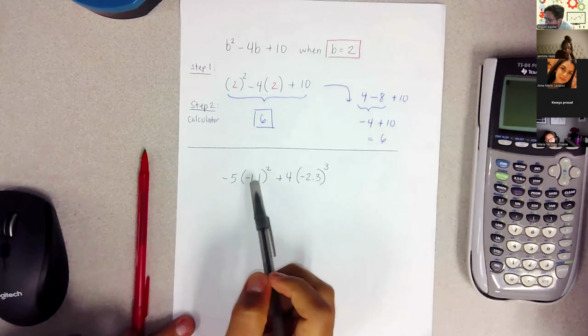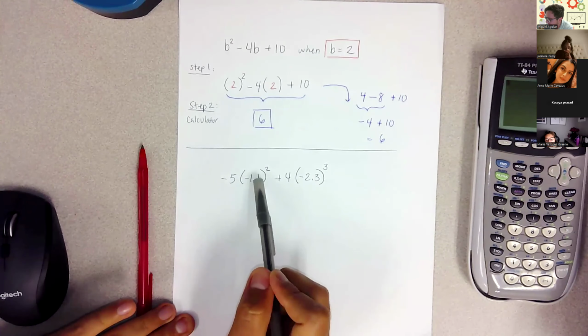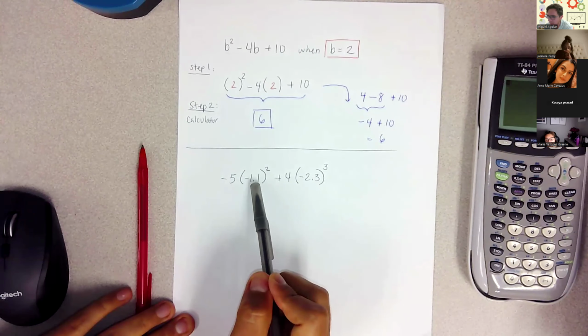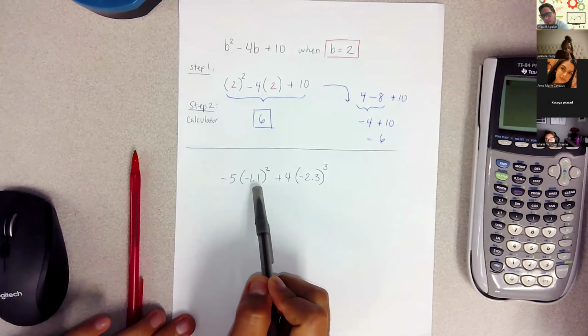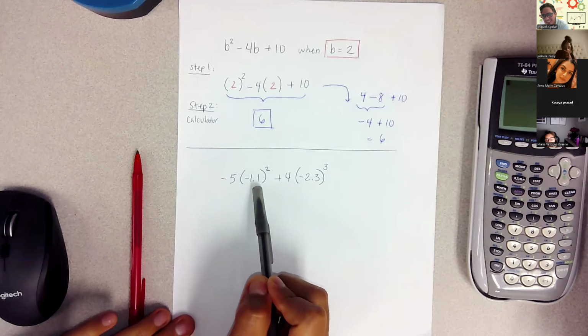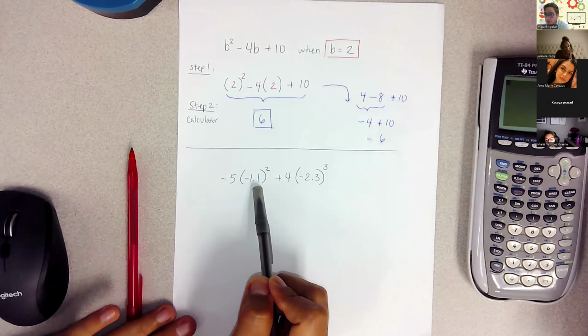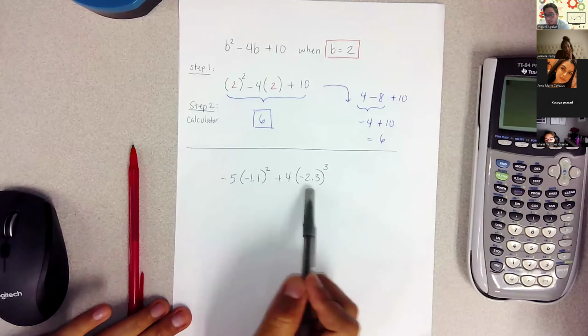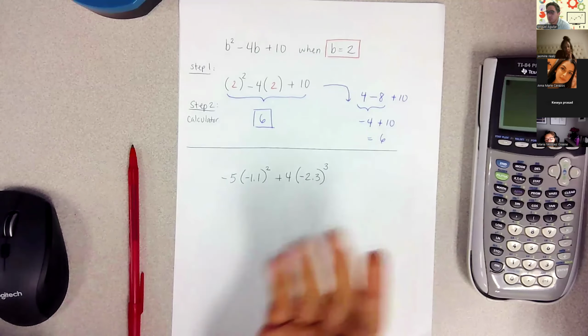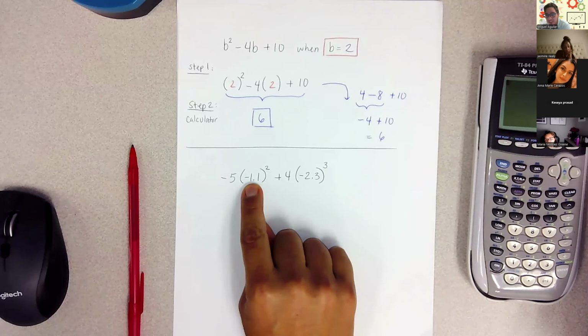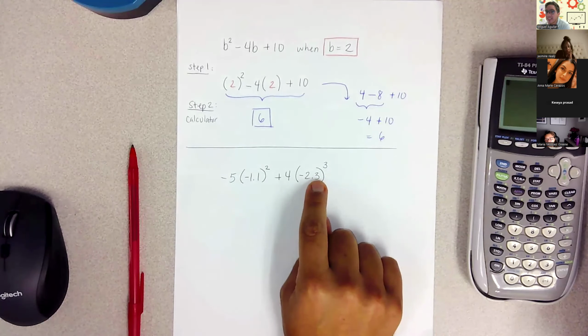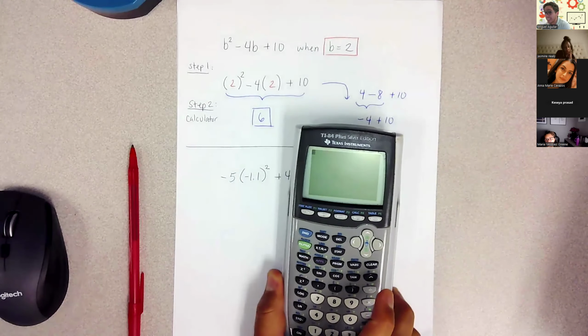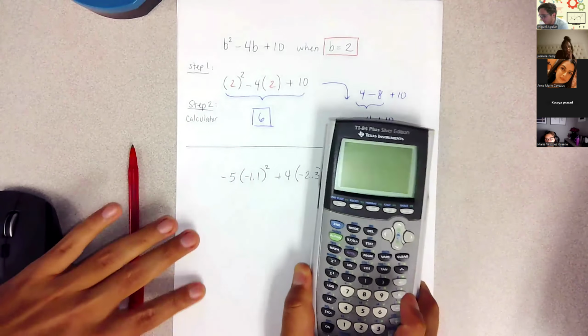And ain't nobody got time to do this. It's a negative times itself, so that's a negative times a negative, and then 1.1. Do you guys remember how to multiply decimals by hand? Some of you might, but it's a convoluted process. And if you get something crazy like this, or even crazier, like if I had to plug in a fraction, like 2/3 or 7/8, that's not impossible, but very difficult, right?